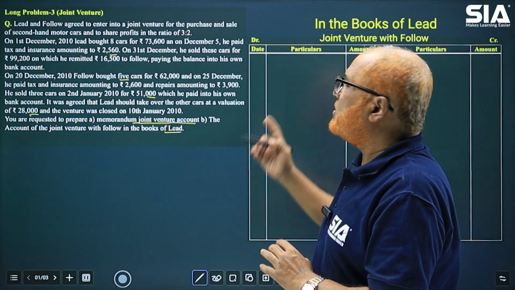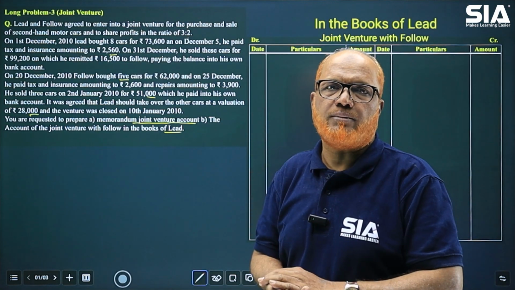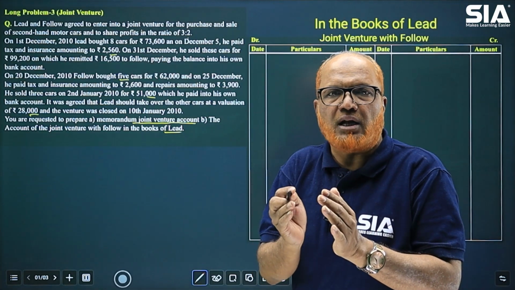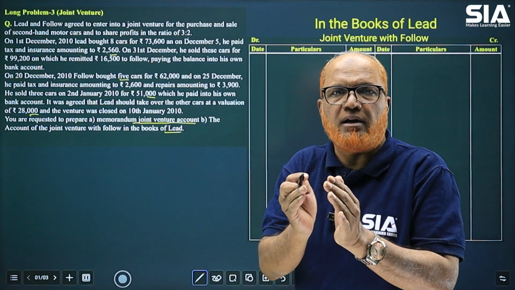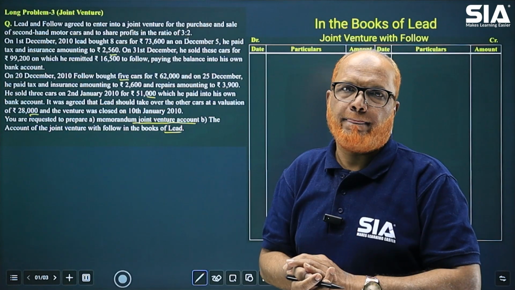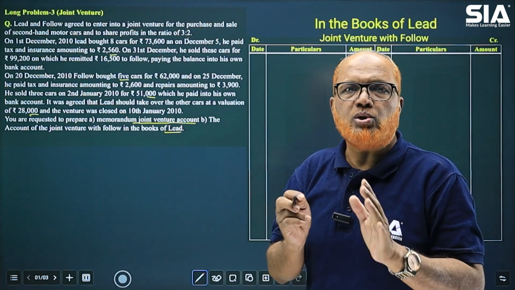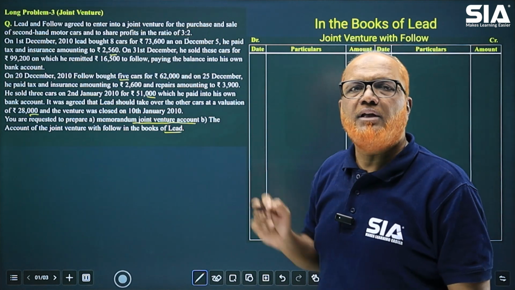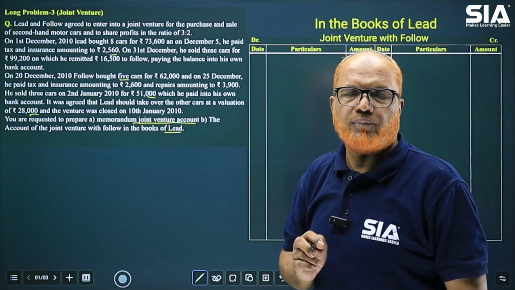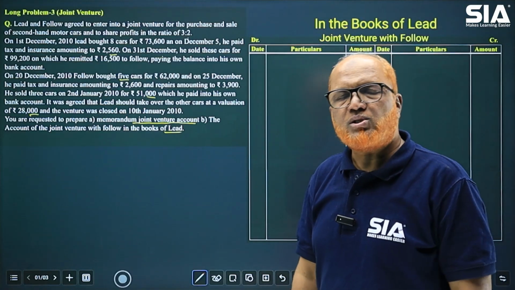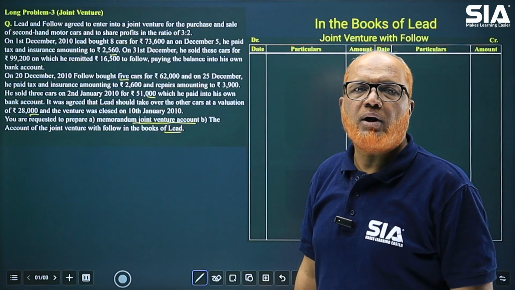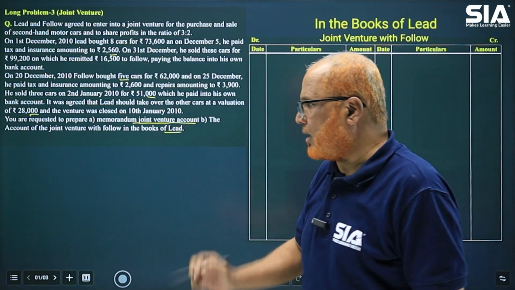And this joint venture with Follow account will give all transactions which are conducted by Lead only. Those transactions will be recorded in joint venture with Follow. But before that, first of all, we have to prepare memorandum revaluation account.